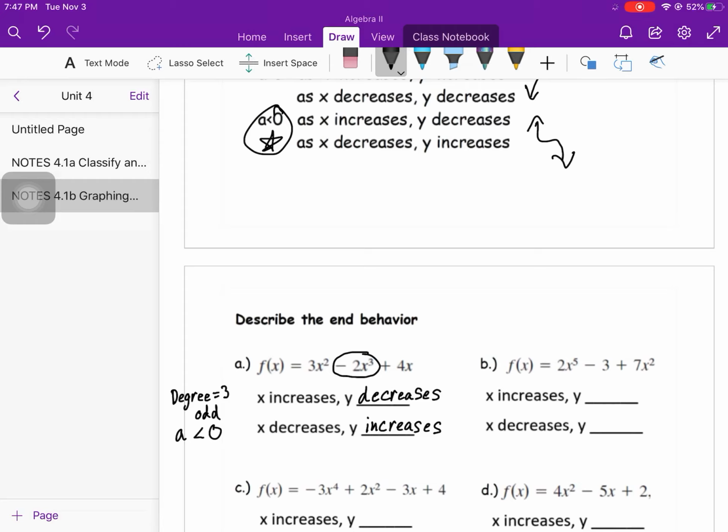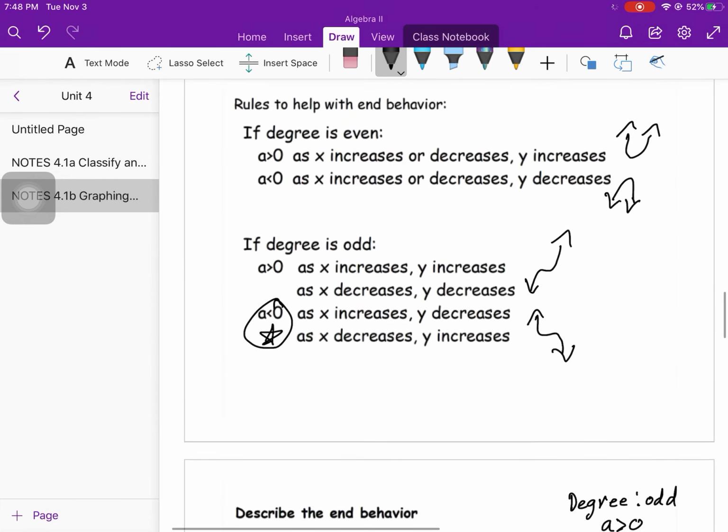I'm going to do B with you, and then I want you guys to try C and D and submit those. So B is 2x to the 5th is the highest degree. This time our degree is still odd, but the leading coefficient, this time 2, is greater than 0.